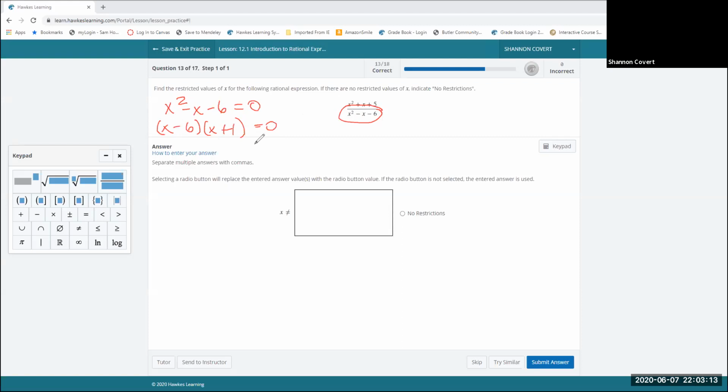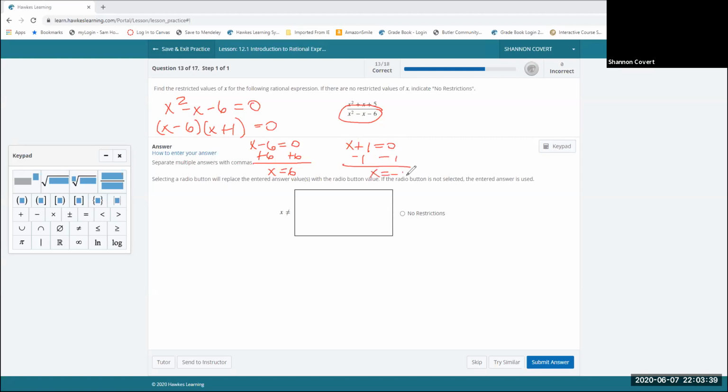positive 1. So the two equations I have to solve are x minus 6 equals 0, x plus 1 equals 0. On the first one, x minus 6 equals 0, add 6 to both sides, so x is equal to 6. The second one is x plus 1 is equal to 0, so I'm going to subtract 1.